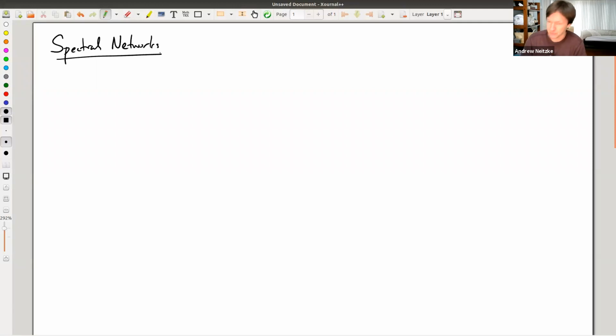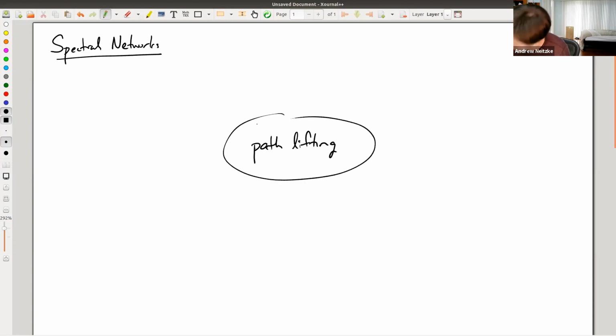So let me give you some rough sketch of what the plan is. I'll make a little diagram. At the center of the story is going to be a construction that I call path lifting.